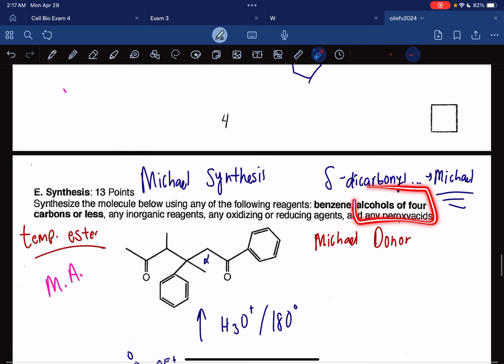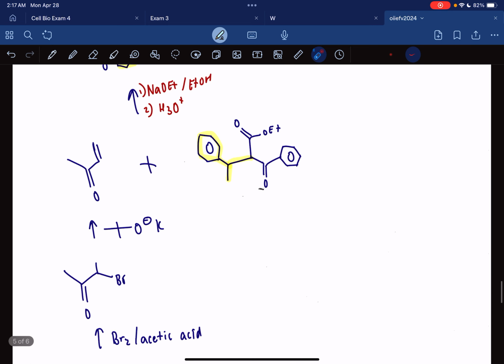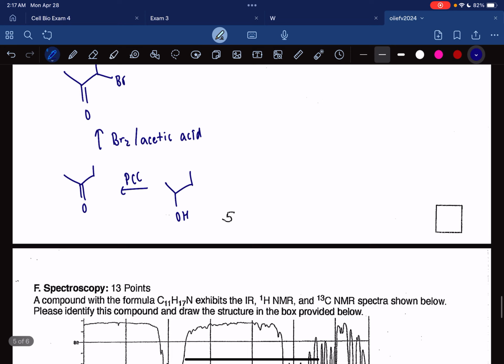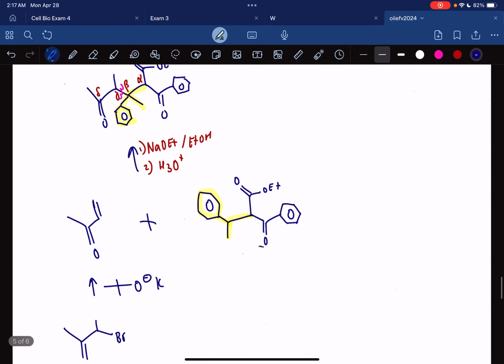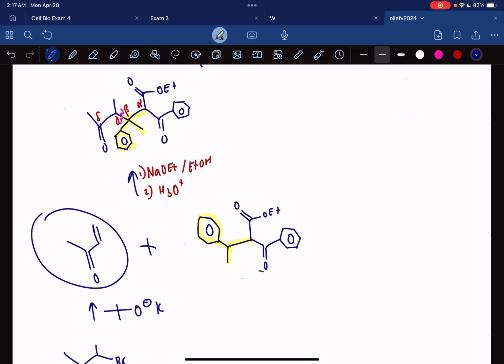And you can start with alcohols of 4. So that's good. So we can box this side in then. So that's why I think it's easier if you keep the Michael acceptor clean, because it'll get messy on the other side, but it's easier to manage with the donor than the acceptor, I think. Although both are acceptable ways to do it.